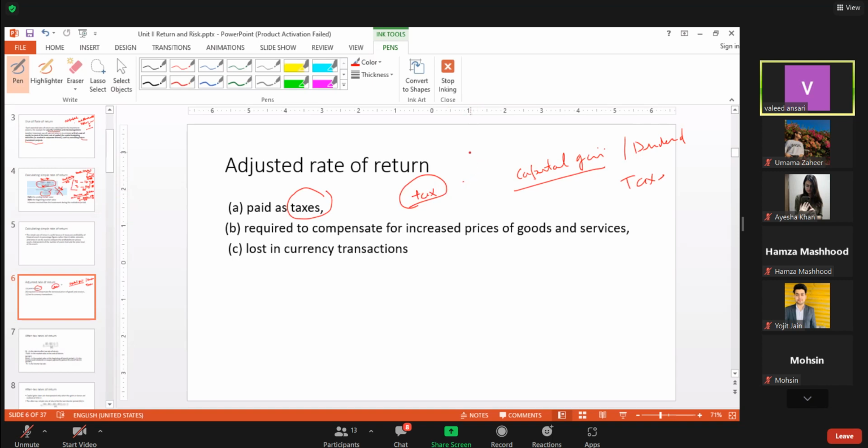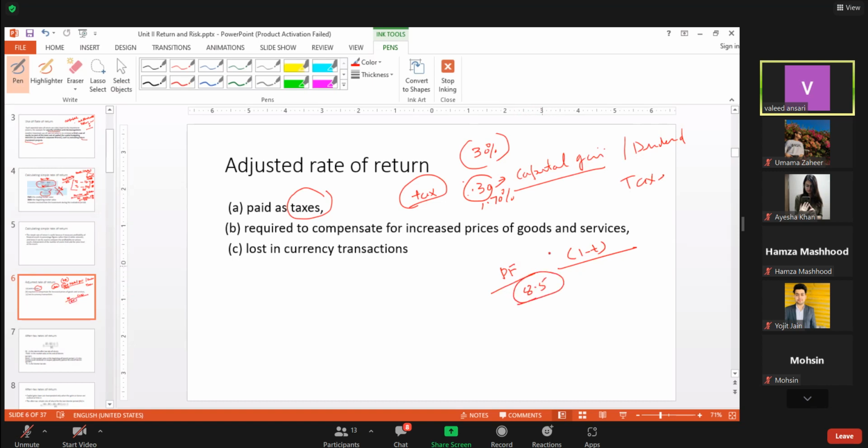So, for instance, if the return has been received, but a person is, let us say, in the 30% income tax bracket, then that income will be reduced. He will be left with 70% of the income; 30% will go for taxes. That is why one adjustment is made, 1 minus T, where T is the rate of tax paid. There are various options available, like in India, for example, Provident Fund is tax free, 8.5% tax free.